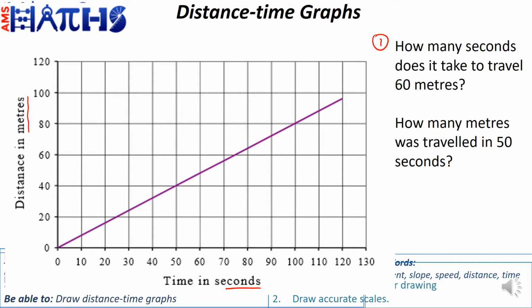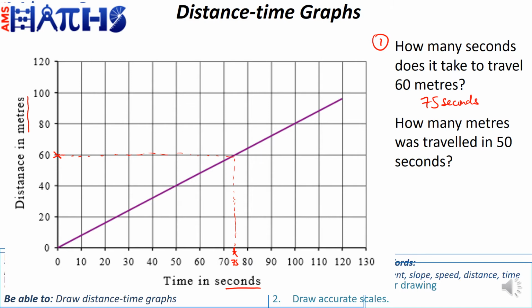We'll have to find 60 meters on our graph, which is here, and then come across to the graph, then come down to find the number of seconds, and that looks like about 75. So we say 75 seconds to travel 60 meters.